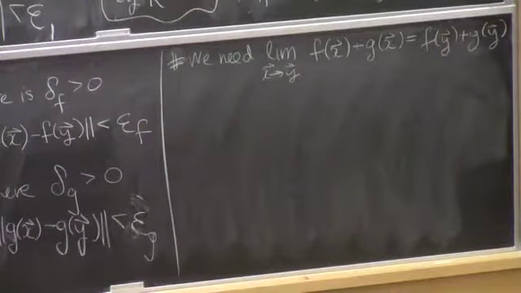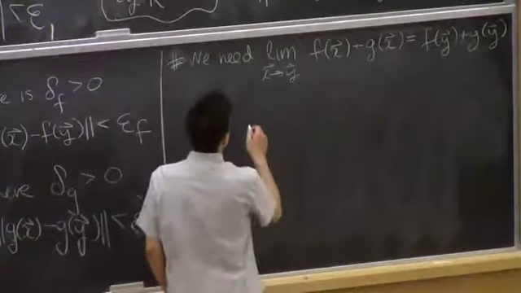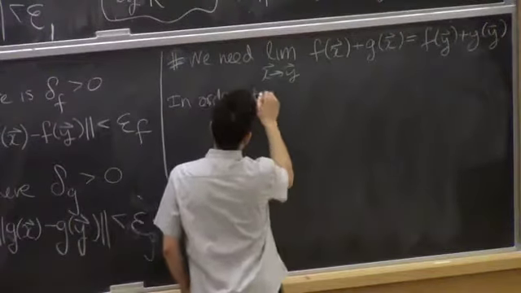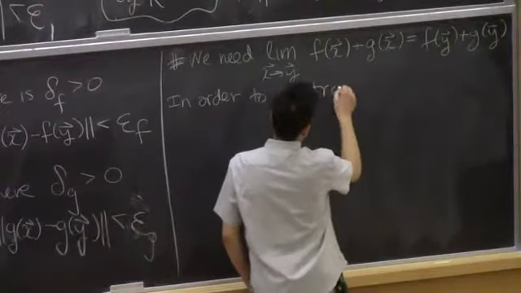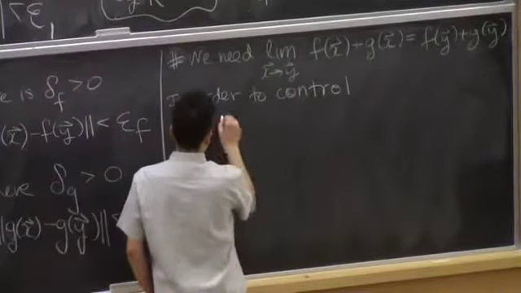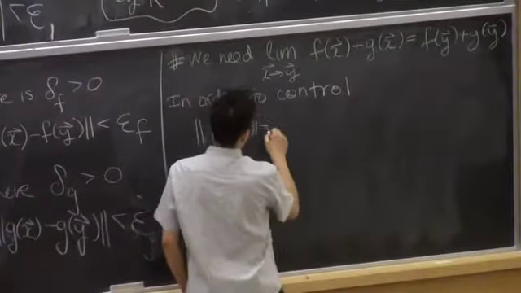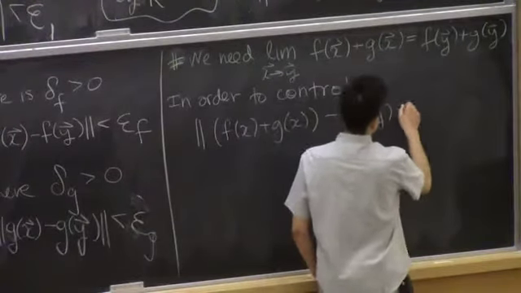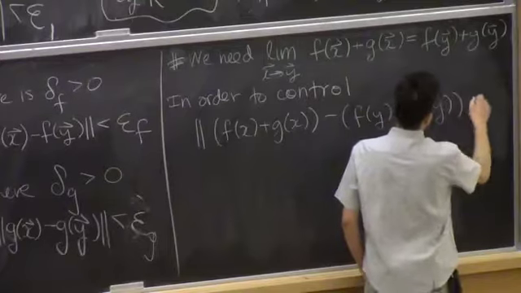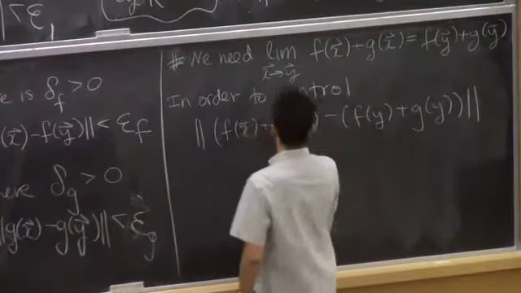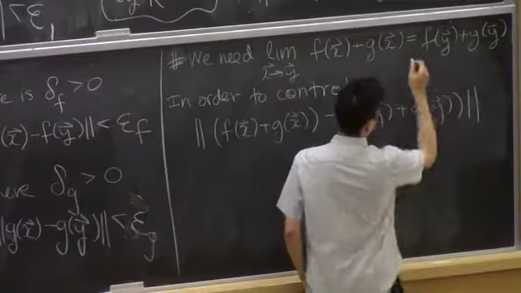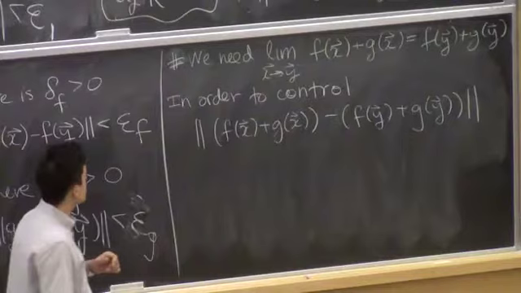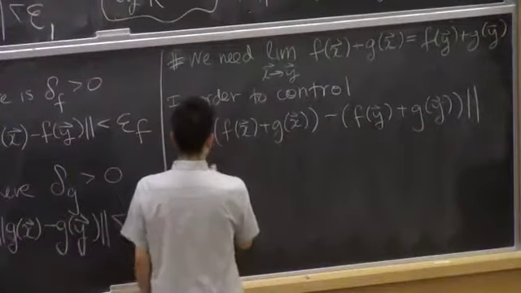Okay, so in order to control this, this is the guy that we eventually want to bound for our epsilon delta argument. We observe the following.